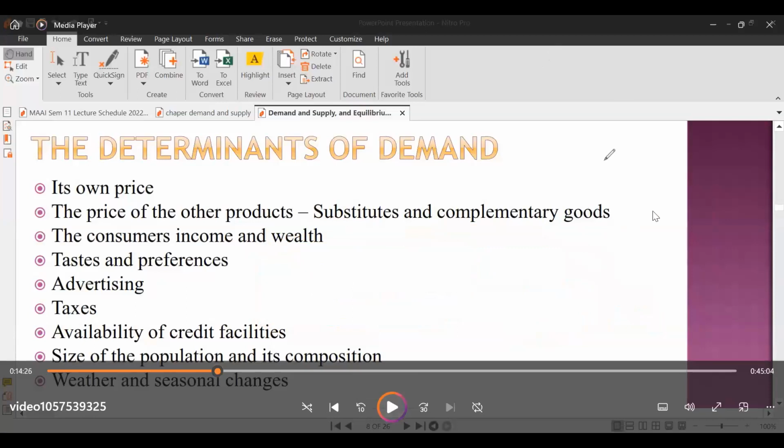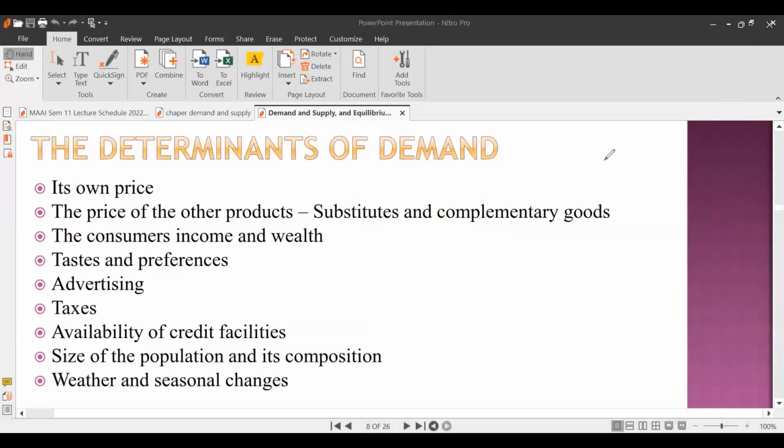With income, there may be a change in demand.